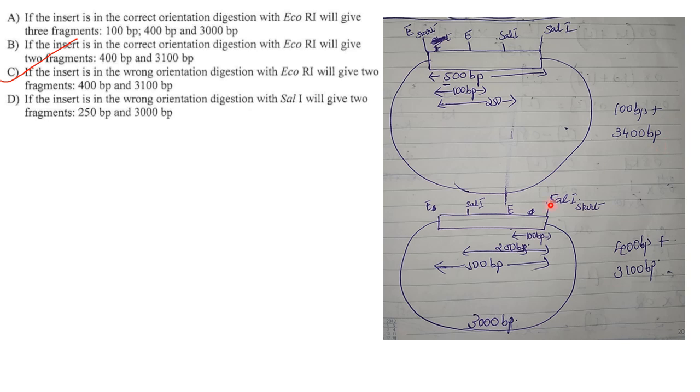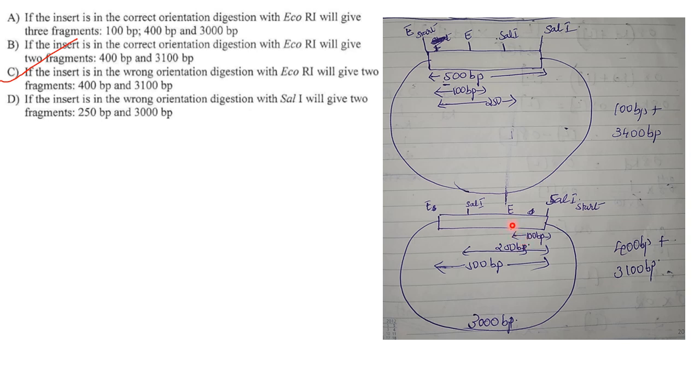Now if it is in the reverse orientation, that is the start sequence will come over here, this side. So the start, then you have got the EcoR1 site which is at 100 base pair from the start, and then you have got the SalI site which is 250 base pair from the start, and the whole gene of interest is 500 base pair.